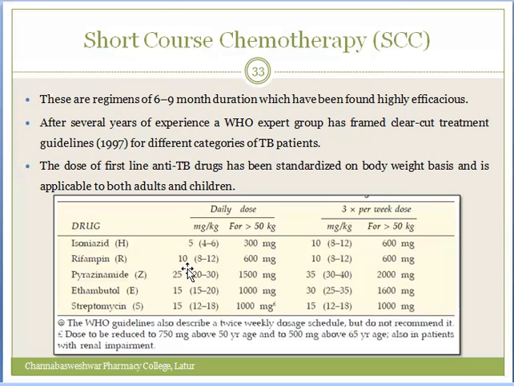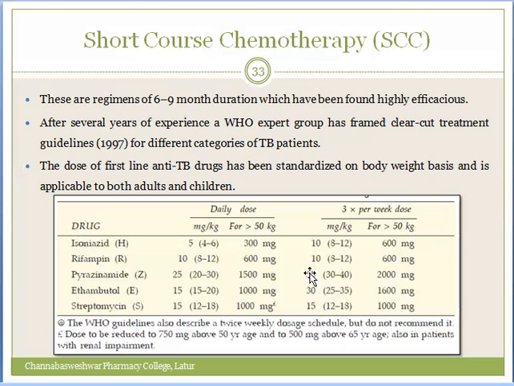Rifampicin daily dose is 10 mg per kg, and for body weight more than 50 kg, it is 600 mg. Pyrazinamide is 25 mg per kg, and 1500 mg for body weight more than 50 kg. Ethambutol is 15 mg per kg and 1000 mg for body weight more than 50 kg. Streptomycin is 15 mg per kg and again the same 1000 mg for body weight more than 50 kg.